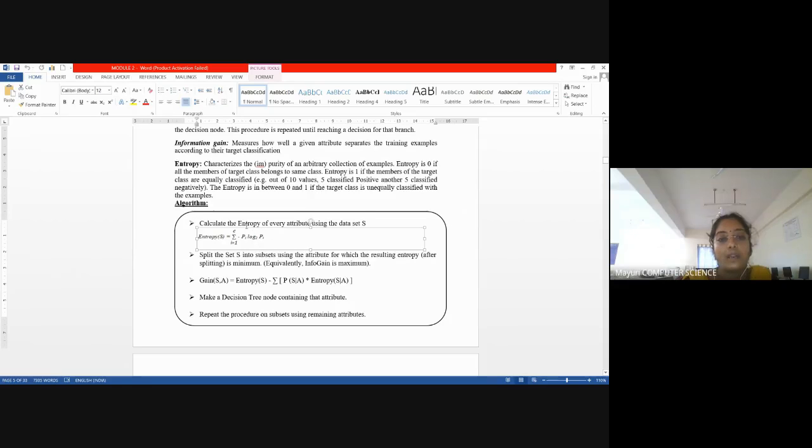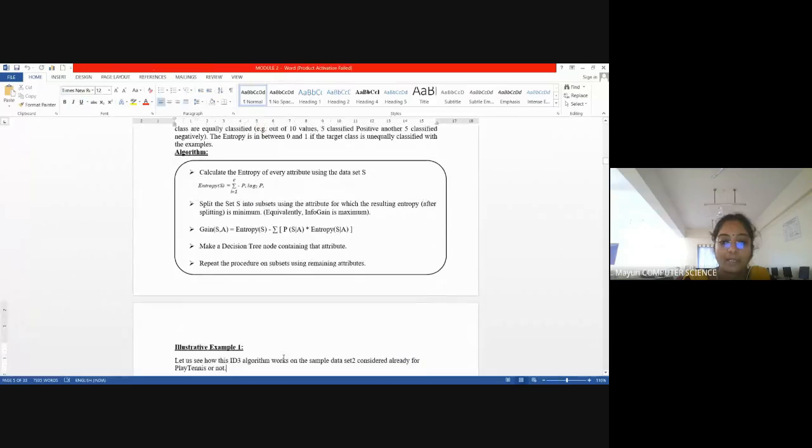How many are positively classified, how many negatively classified, I have to summate with respect to that. So I will get the entropy. And with respect to the attribute, I need to calculate the entropy of that attribute again. We will come to this later. Let's get into the problem data set now.